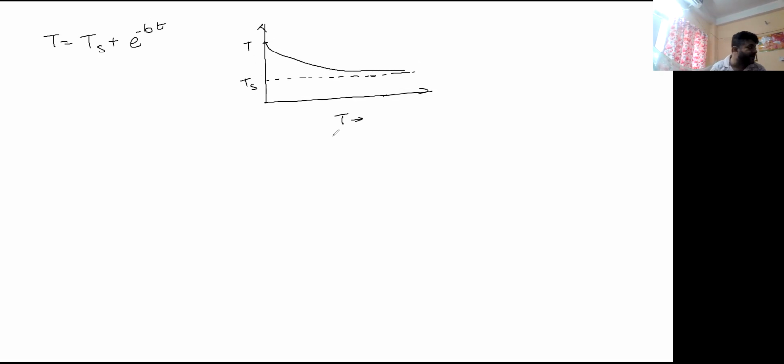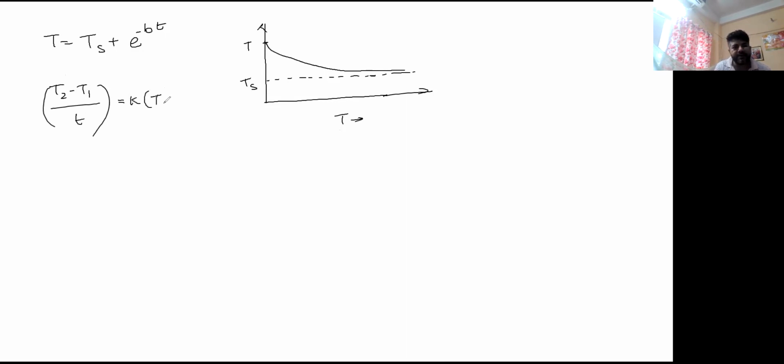अच्छा, इस ग्राफ के साथ साथ इसके न्यूमेरिकल्स भी आता है. So to solve numericals, you have a different formula. The formula is (T2 minus T1) by t equals K times (T average minus T surrounding). This is the formula. Now I will show you one question, then you understand how you solve this type of question.